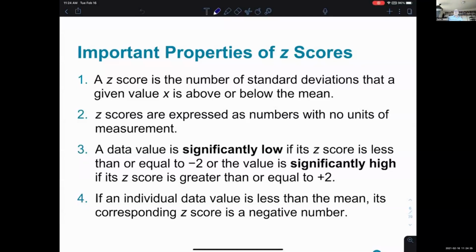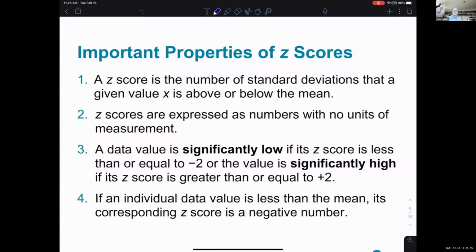Z-scores are expressed as numbers with no units of measurement. So it's not going to be feet or inches, because it's how far away you are from the mean in terms of standard deviations, and you're just going to give that value. A data value is significantly low if it has a z-score less than or equal to -2, and significantly high if its z-score is greater than or equal to +2.